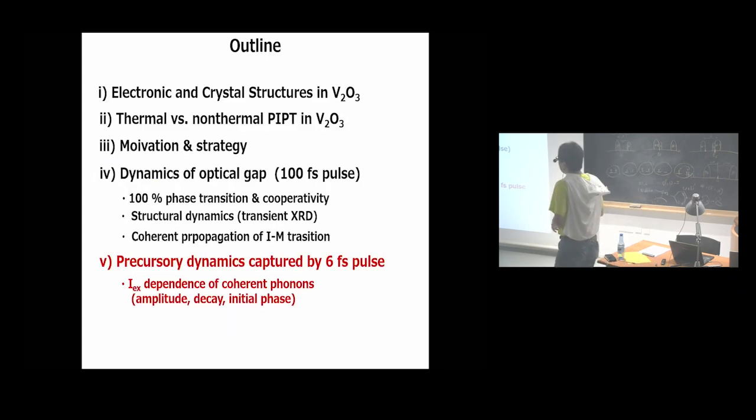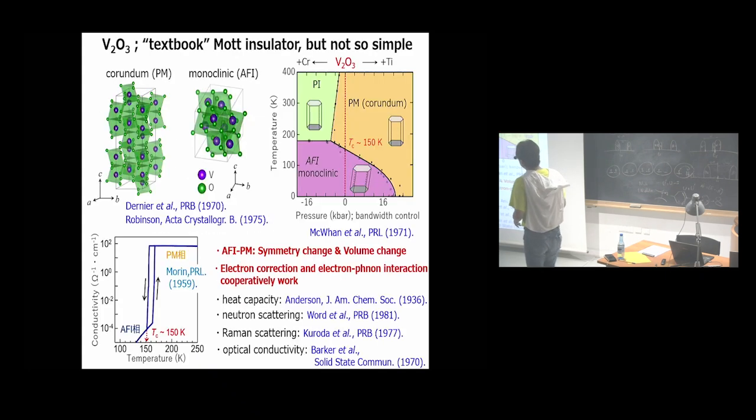V2O3 is very famous as a textbook Mott material, but not so simple. In the phase diagram of the bandwidth-control Mott transition, we are here for the pristine V2O3.